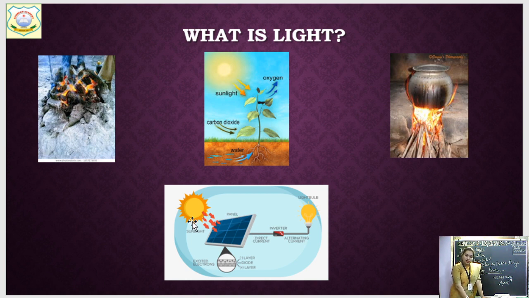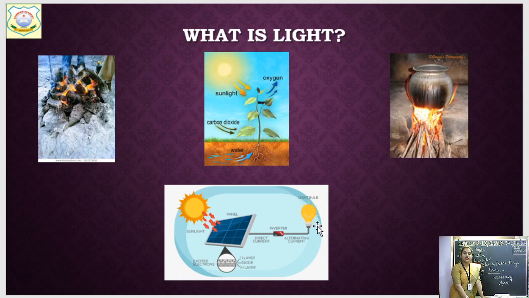Now coming to the next. Have you seen this solar panel? The rays of the sun fall on this solar panel and it gets charged. When it gets charged, it helps in producing electricity, which lights the bulb.